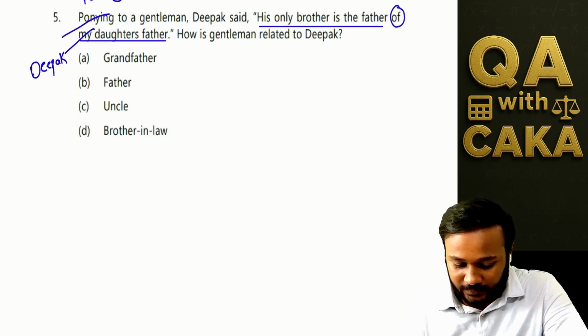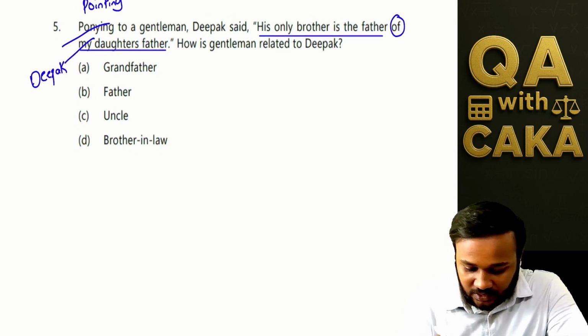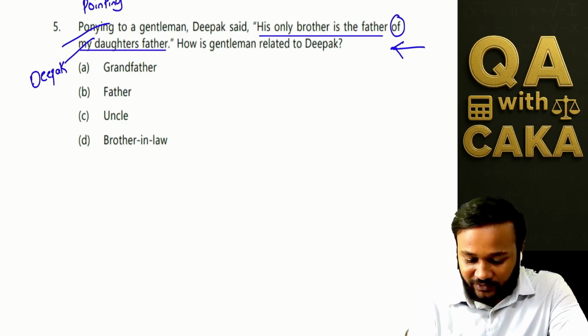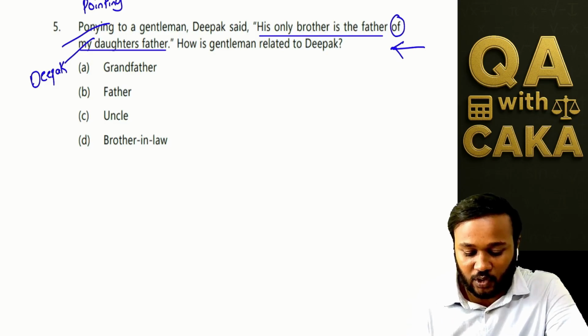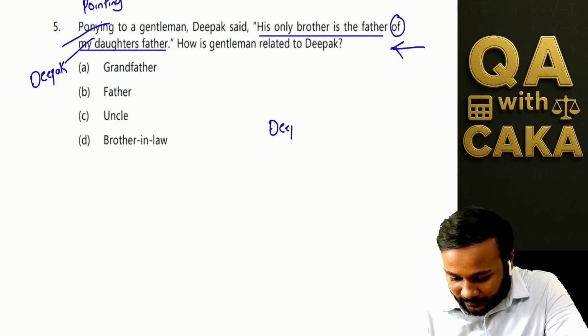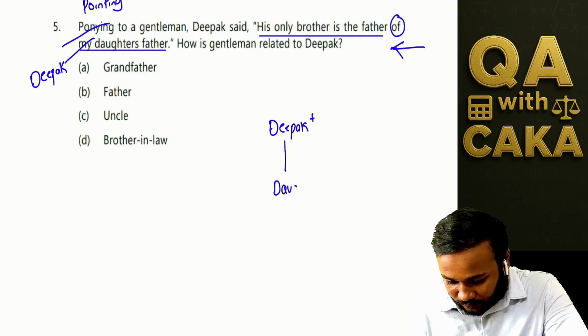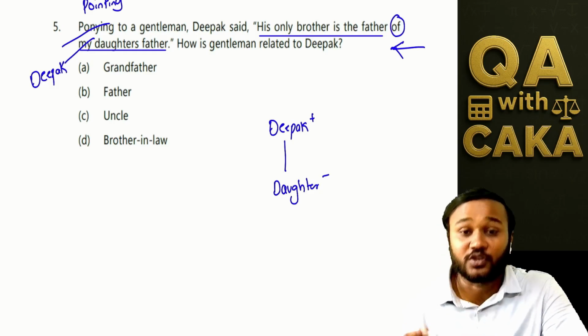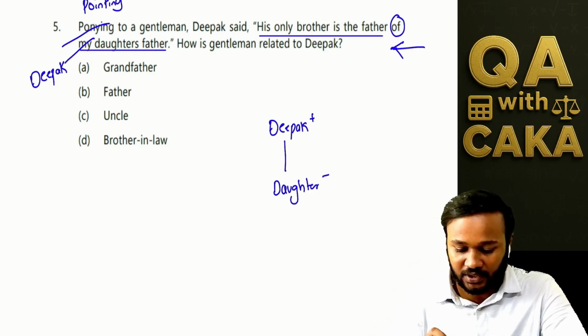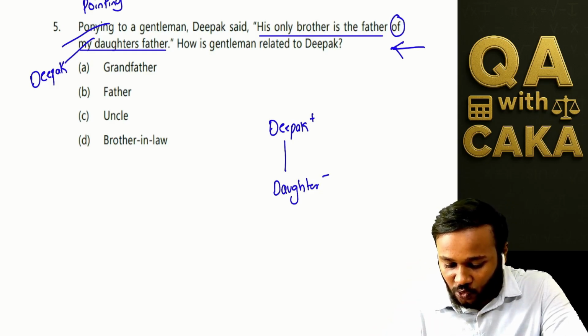Now, let's draw this diagram. Now, first this. And we should go in the reverse direction. So, from this Deepak's daughter's father. So, he is Deepak. Let's indicate the symbol with plus, daughter. So, Deepak, daughter's father is again Deepak. And next, his only brother is the father.